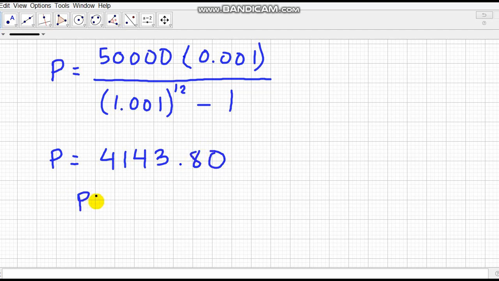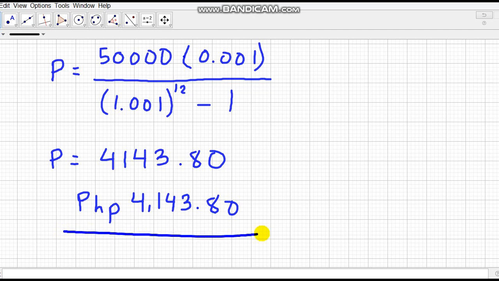So the periodic payment that you're supposed to make to get 50,000 at the end of 1 year is 4,143 pesos and 80 centavos.